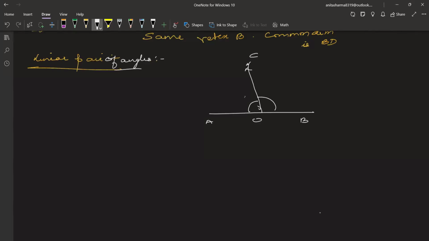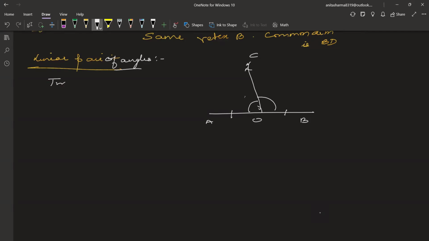This is complementary or what? These are two adjacent angles. Two adjacent angles are said to form a linear pair if their non-common arms, AO and OB, are in opposite direction. Clear? Okay, ma'am.